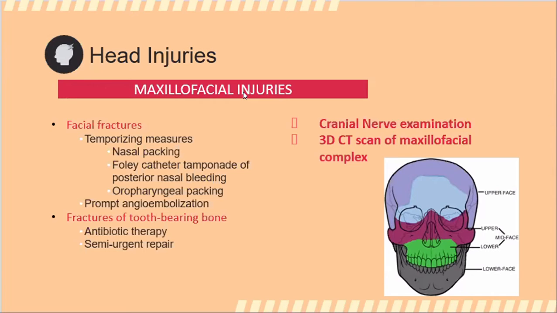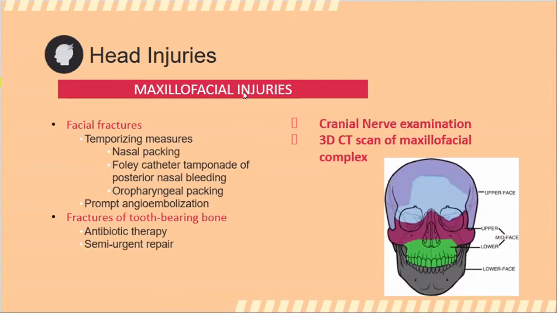If you're in high-end centers, prompt angioembolization is done. It is an endoscopic procedure, and we embolize vessels that are bleeding, seen using your CT angiogram. For fractures of tooth-bearing bone, antibiotic prophylaxis is given.